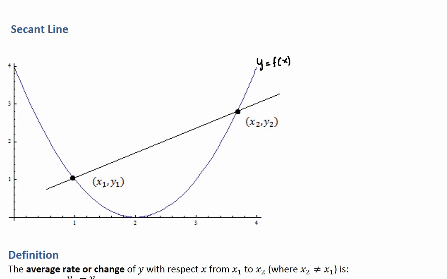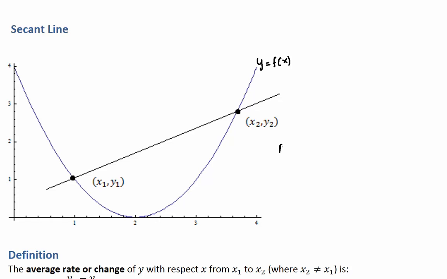And then if you have 2 points, say (x1, y1) and (x2, y2), that are located on the graph, and you draw the line that connects those 2 points, that line is going to be called the secant line to the graph of the function f between the points (x1, y1) and (x2, y2).